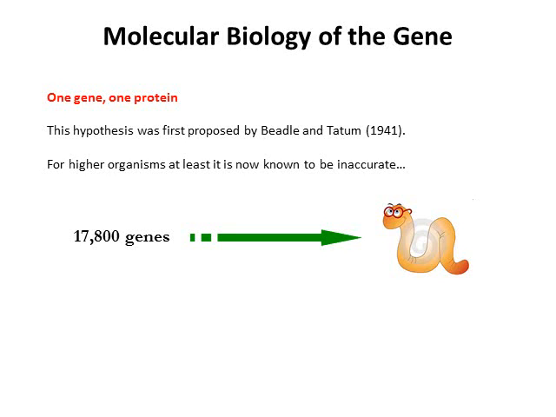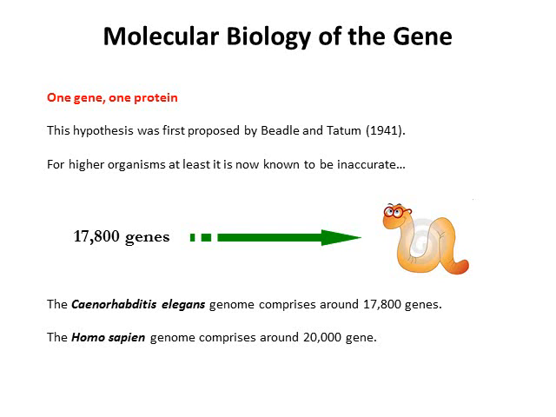We'll talk more about model organisms next year in molecular genetics. Anyway, this very simplistic worm that's less than a millimetre long has an entire genome containing 17,800 genes. So that's how many genes you need to make C. elegans, this simplistic worm. Now, that's all well and good, but we started to get a little bit confused when it turned out that Homo sapiens, i.e. us, has a genome containing around 20,000 genes.